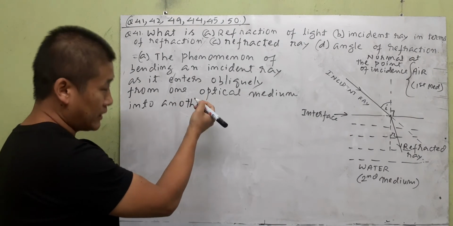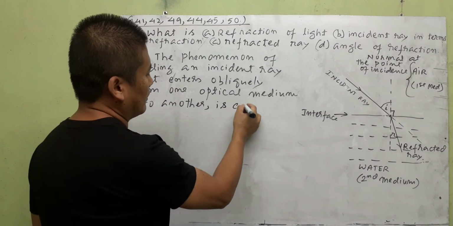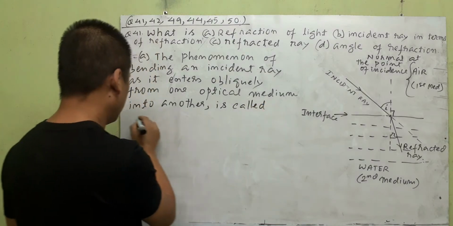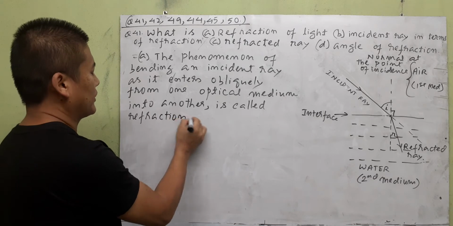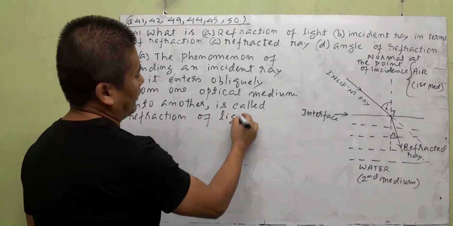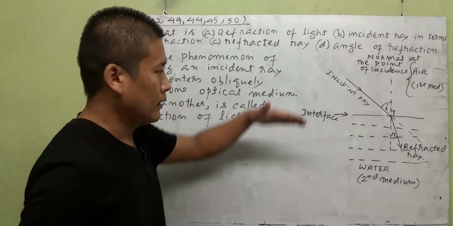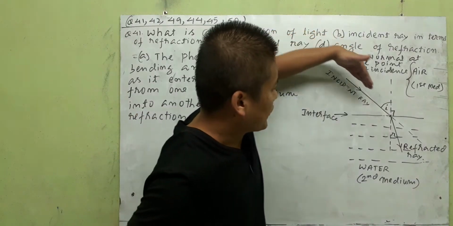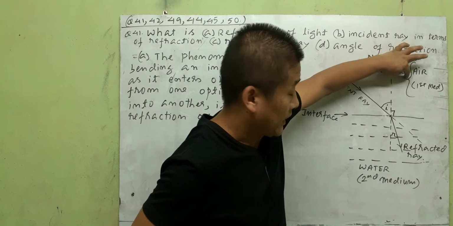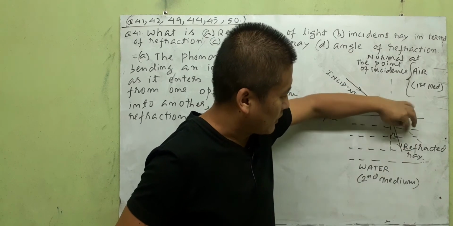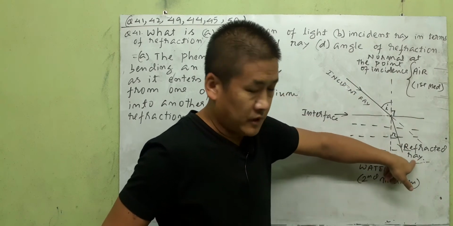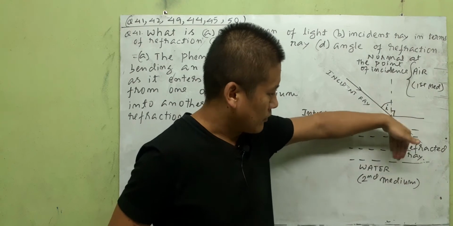That bending is called refraction of light. So here, the medium in which the incident ray is passed is called the first medium, and the medium in which the ray got bent, where the refracted ray is, is called the second medium.